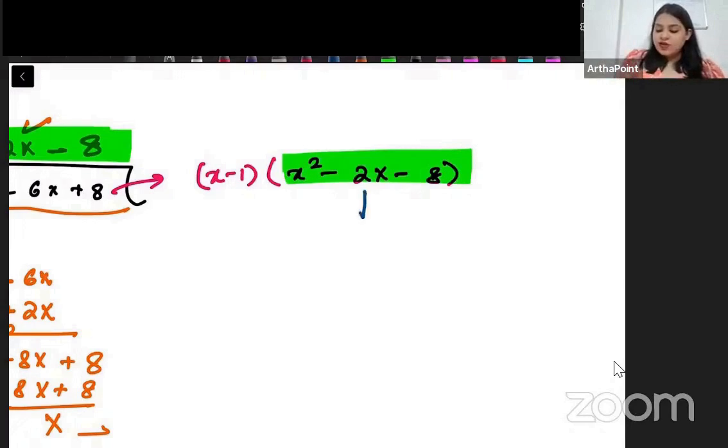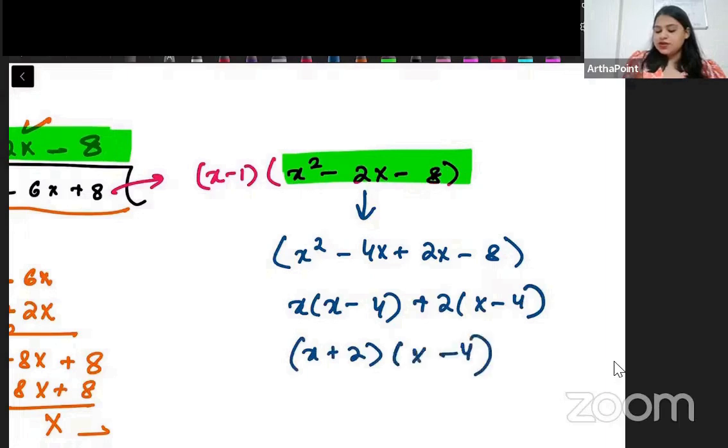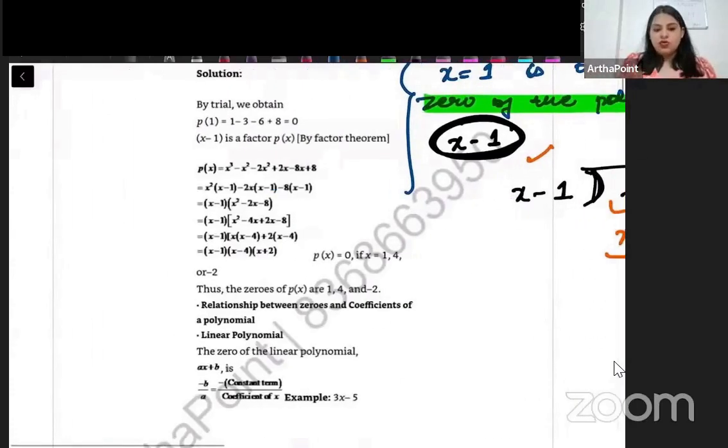So beta, if I need to factorize this, this can be x square, 8 is 4 into 2, so minus 4x plus 2x minus 8. So this will be x minus 4 plus 2, x minus 4. So this will be x plus 2 into x minus 4.